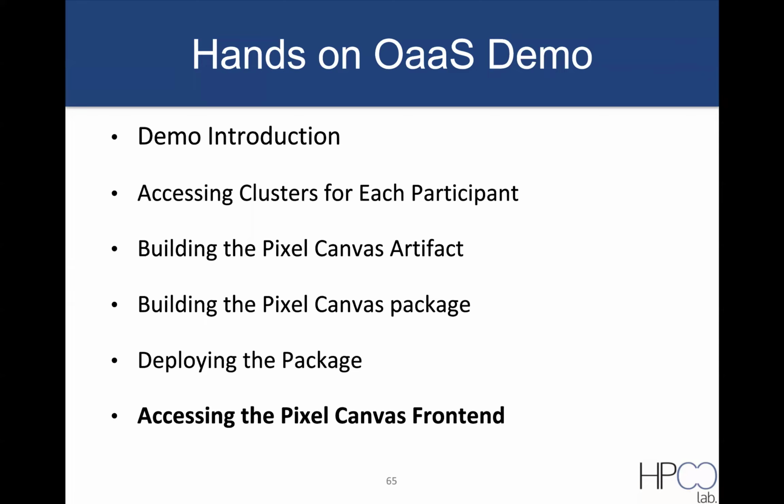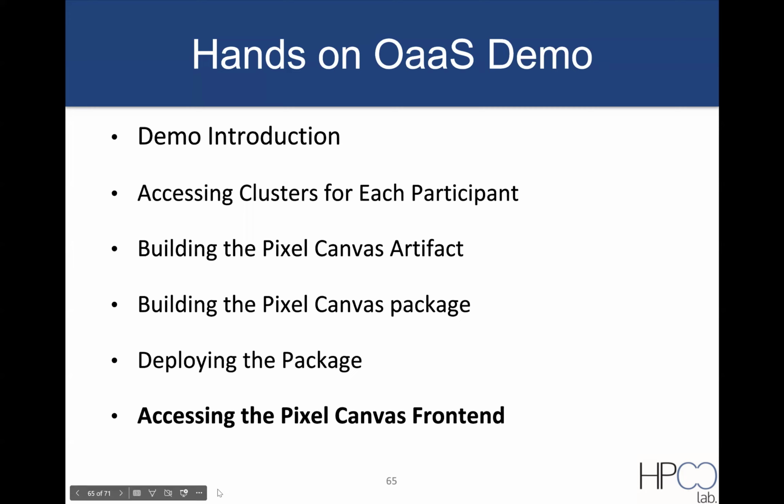So we should be able to access the Pixel Canvas. The Pixel Canvas had two things: one is the front end that we saw here, and the other is the back end, edge and cloud. We deployed the front end for you already, the OaaS console and the Pixel Canvas front end. So all you need to do is deploy the back end of the application, which is what we just did.